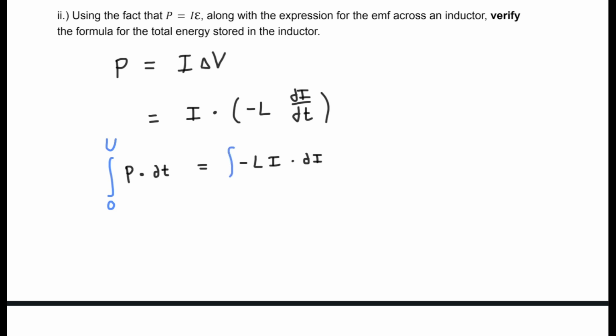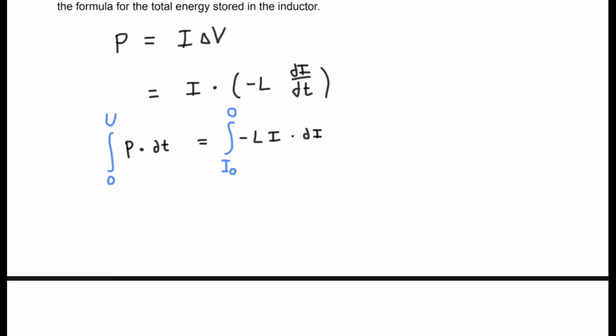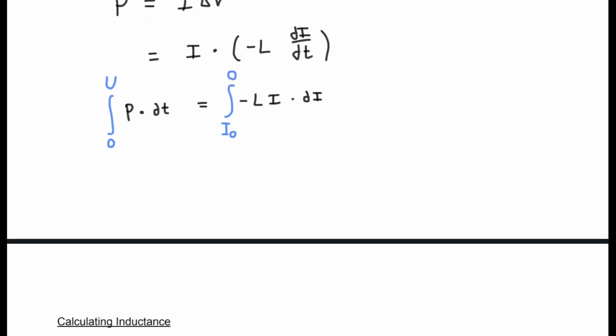Then if we integrate both sides here, we initially have some current I0, but after the current is totally gone, there must be 0 current left. Simplifying, the left side just becomes the energy stored in the inductor.